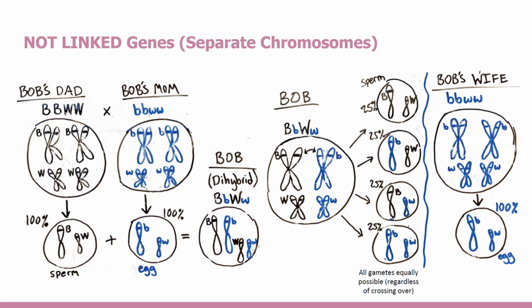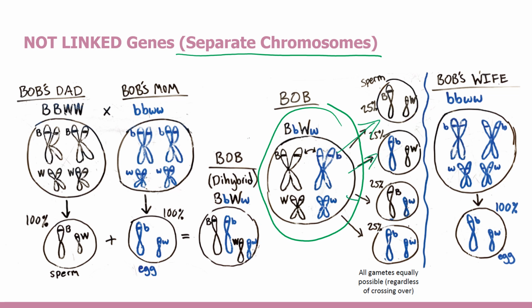Finally, let's take a look at it visually. If the genes are not linked, it means they are on separate chromosomes. And this is what it means to be on separate chromosomes. There are equal possibilities of getting all of these different recombinations. Okay?